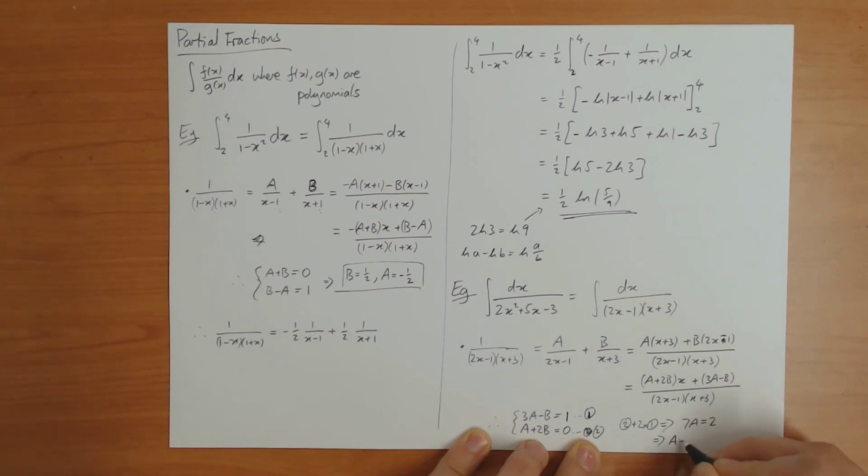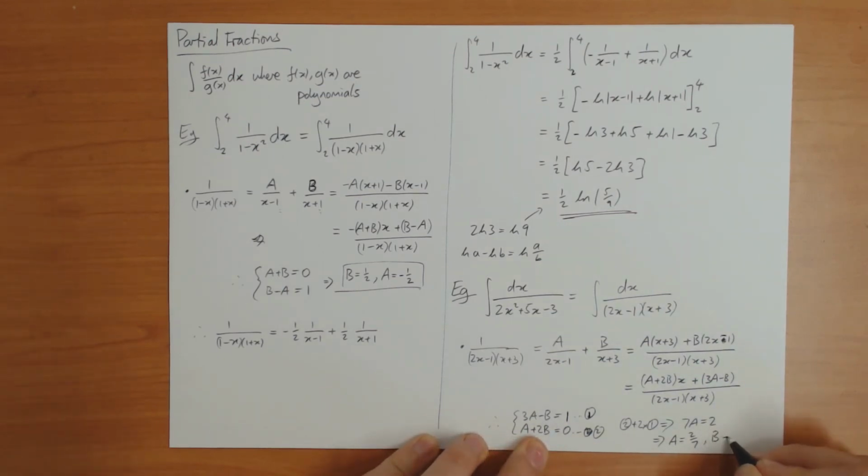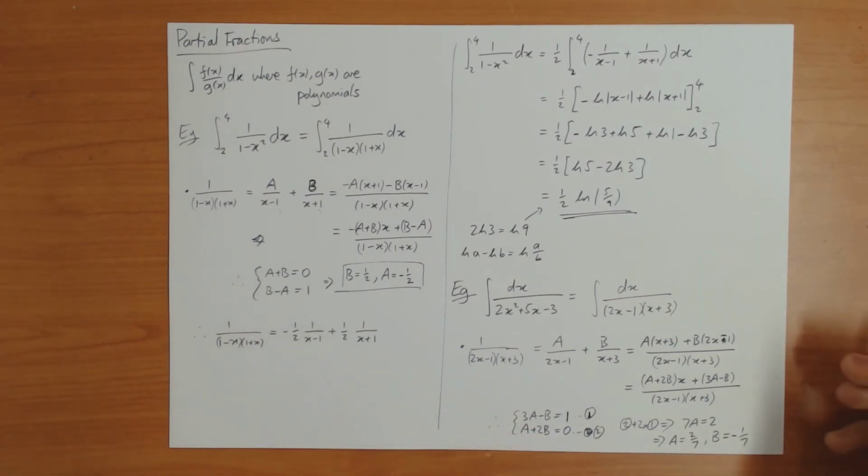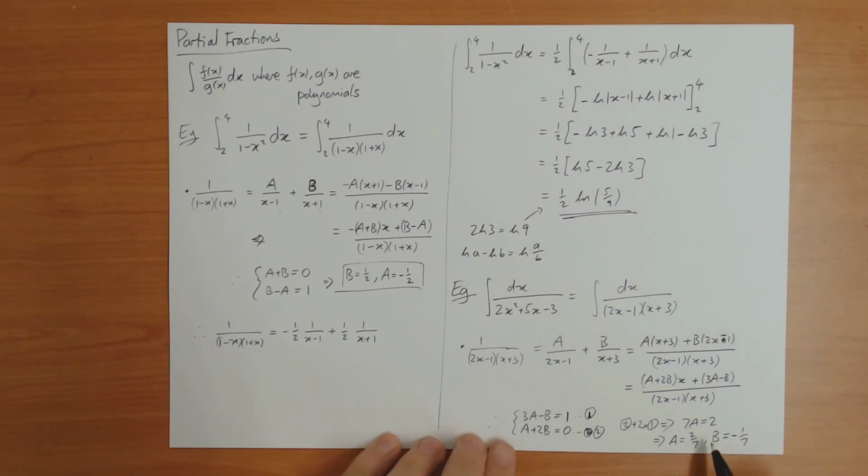That means a is 2 over 7, and then from here I get that b is minus 1 over 7. Let's just check. That's 6 over 7 plus 1 over 7, which is 1. This is 2 over 7 minus 2 over 7, which is 0. Good, so that works.